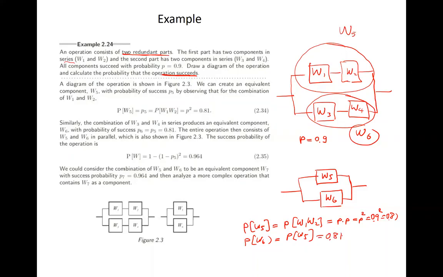Now, if you look at the entire operation, since these are connected in parallel, then I can define the probability of success as 1 minus the probability of failure, which is 1 minus (1 minus P5) to the power 2.